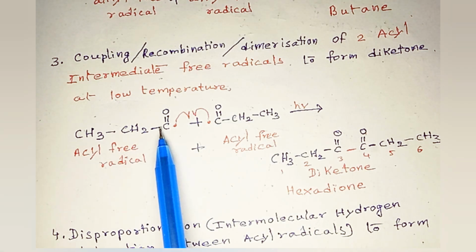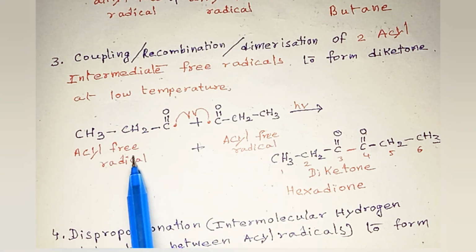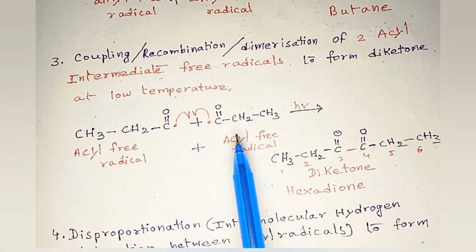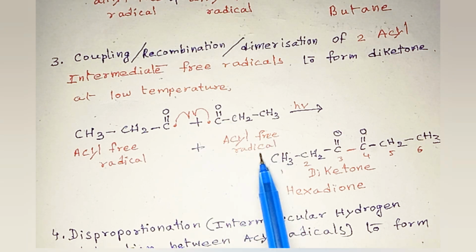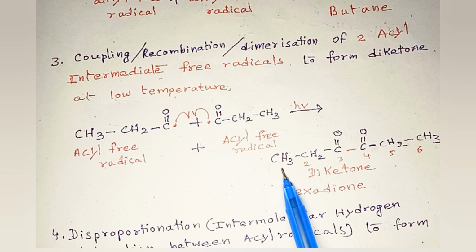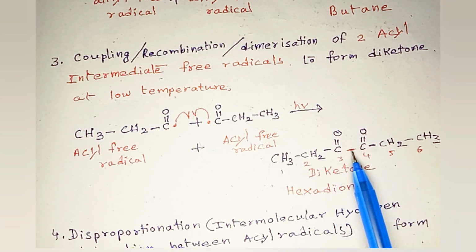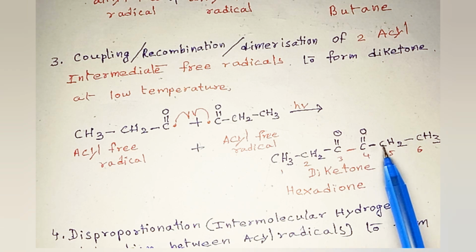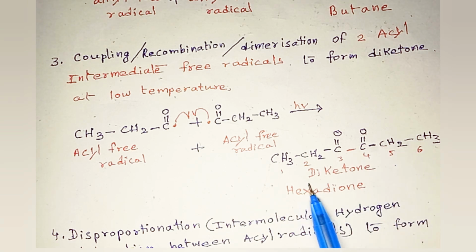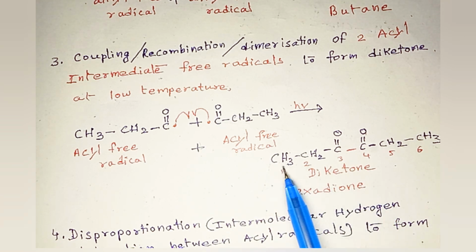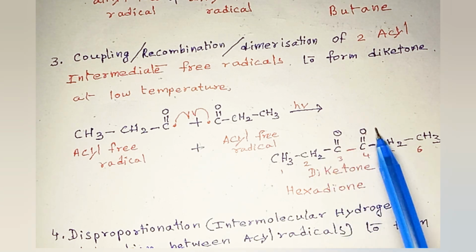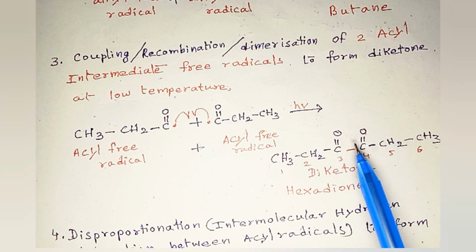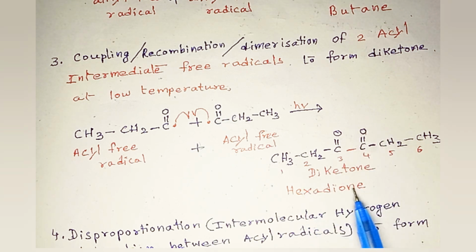CH3CH2 C double bond O radical, that is the acyl free radical, will combine with another acyl free radical to form CH3CH2 C double bond O single bond C double bond O CH2CH3, which is a diketone. Here it is hexanedione because it has 6 carbon atoms and 2 carbonyl groups.